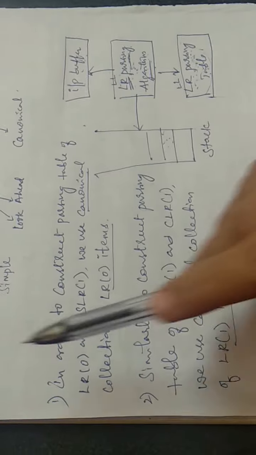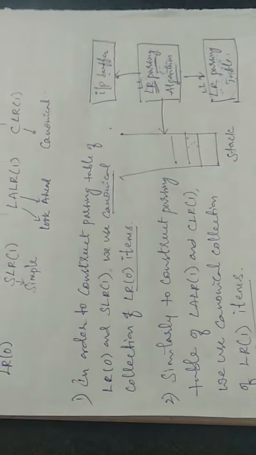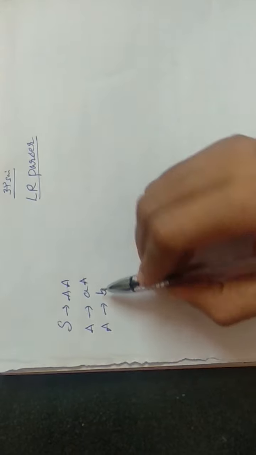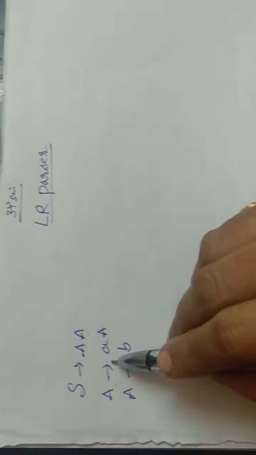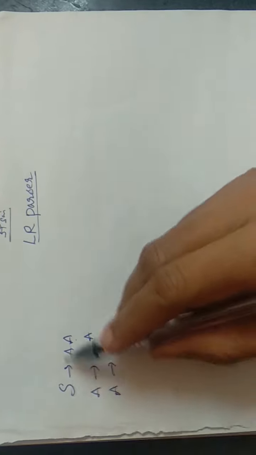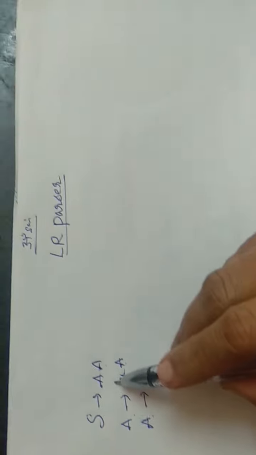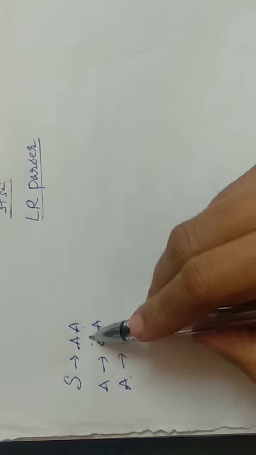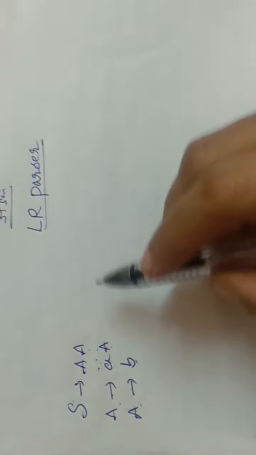To construct the parsing table for LR0, I'll consider one simple example: S implies AA, and A implies a, A implies b, with terminals a and b. In this given grammar we have only two variables and two terminals. When you are going to construct LR0, SLR1 or any other type of LR parser, we first need to write the augmented grammar.